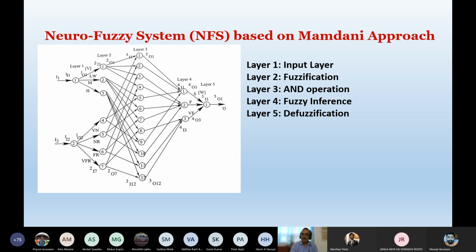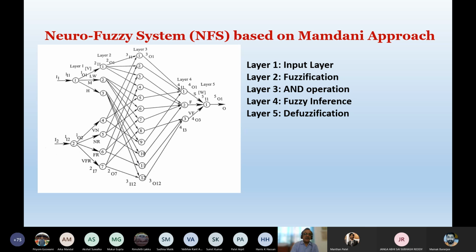How to determine it, all of you know. The second layer is called the fuzzification layer. All of you know the meaning of fuzzification. Corresponding to the real input, I get the membership function values here.